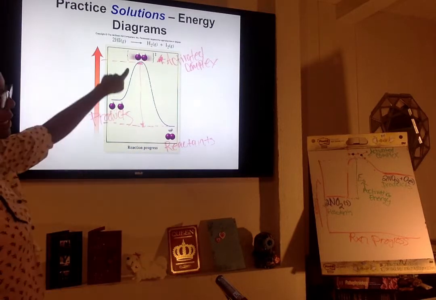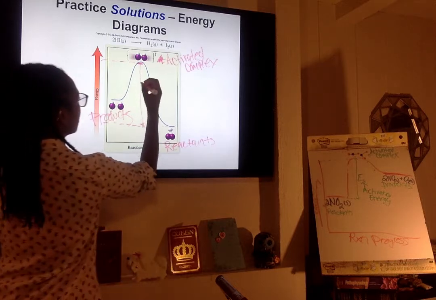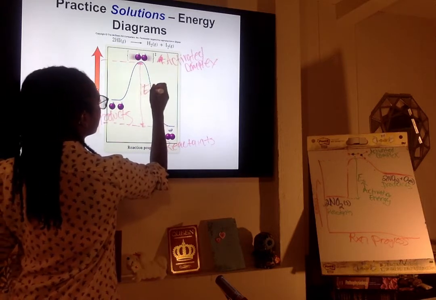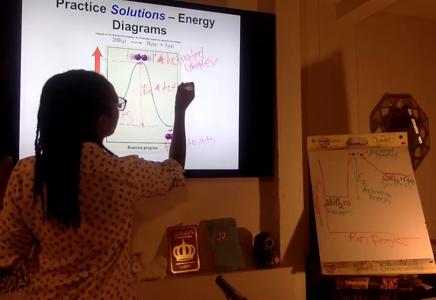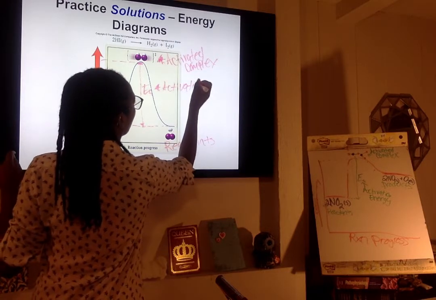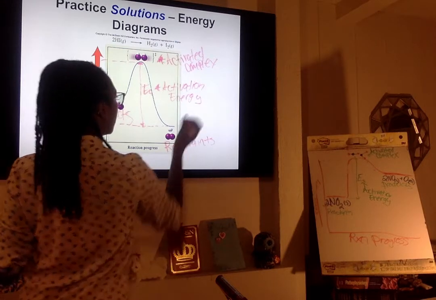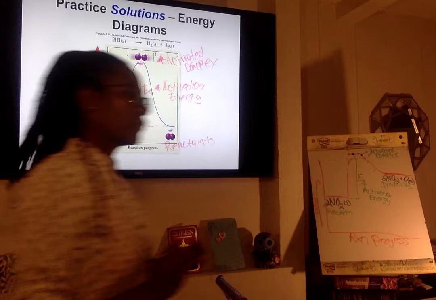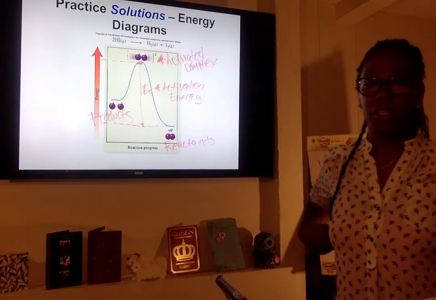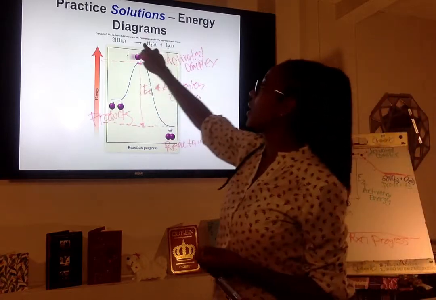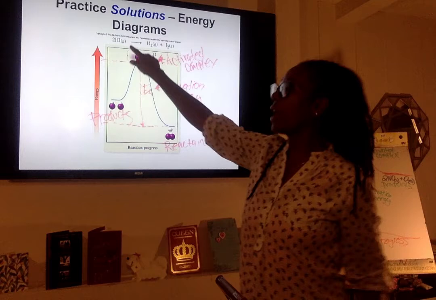This area here, from the reactants to the activated complex, is going to be the EA, which is the activation energy. Also, when you're looking at the reactions and the type of reaction that's happening, what kind of reaction is this?